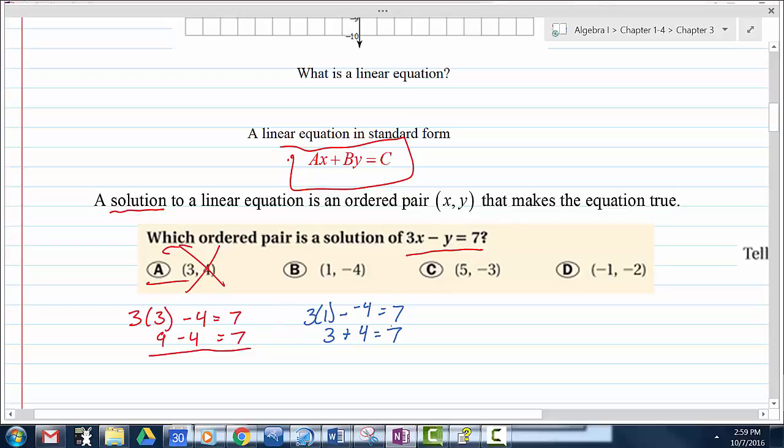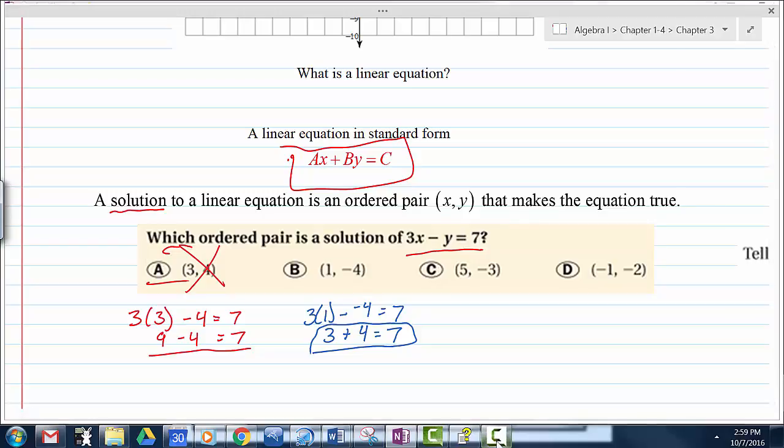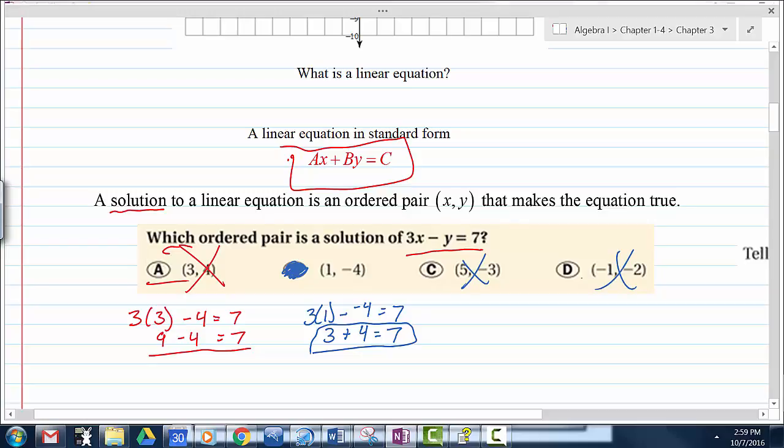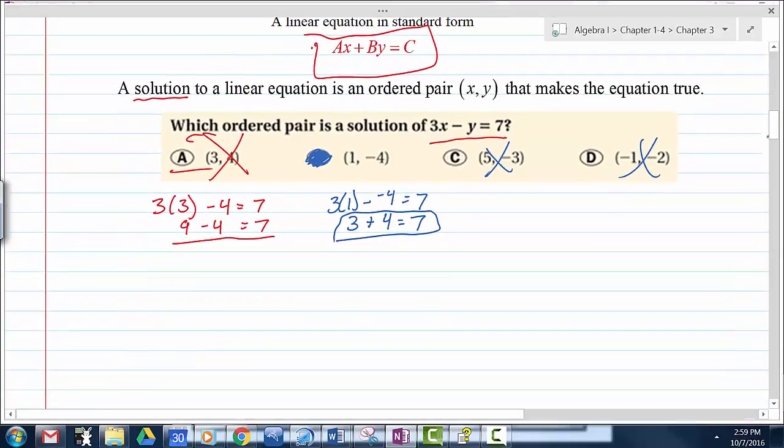That works because it gives us a true statement. So we know that this is a solution to it, but we know that A isn't, and probably C is not. Neither is D. So really, all a solution is just a point, a value of x and y that makes my linear equation true.